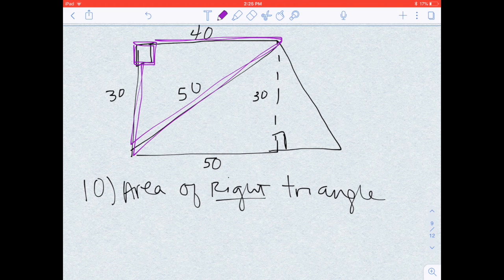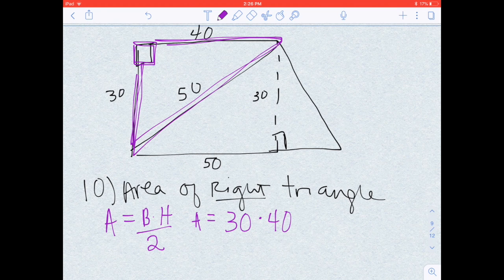And I need to remember my area of a triangle. Area equals base times height over 2. So I need to pick a base. So I'm going to say this is my base, and I'm going to say this is my height, times height over 2.